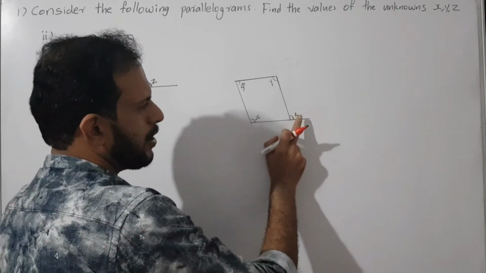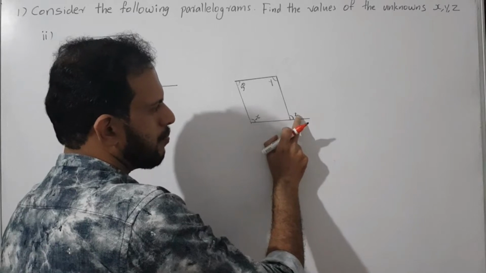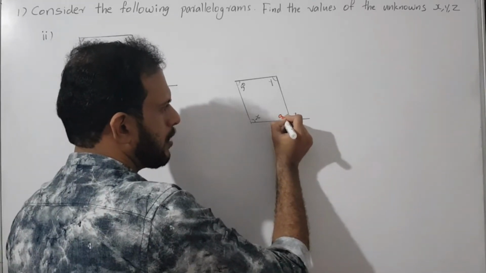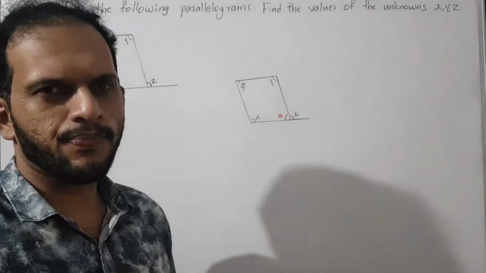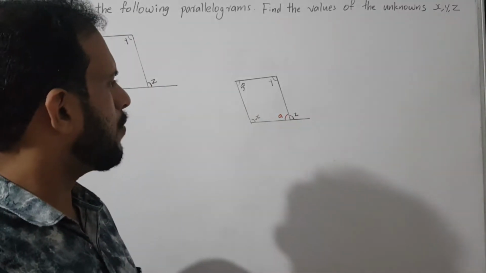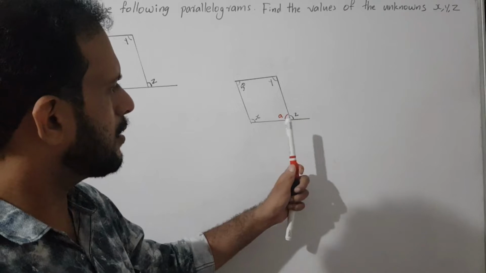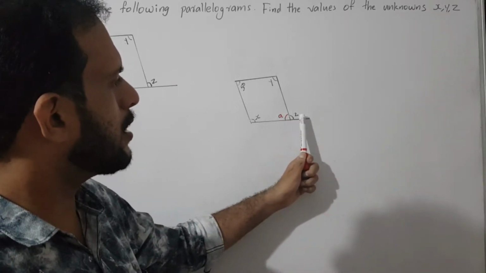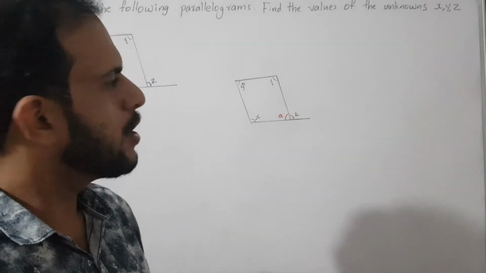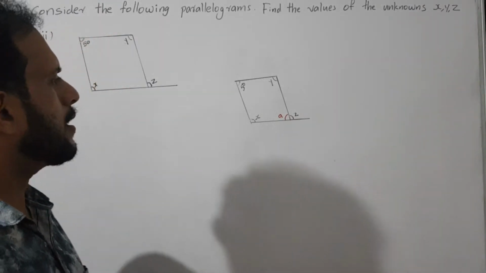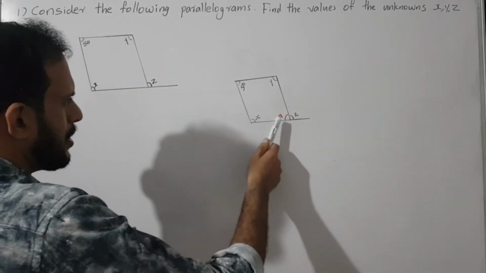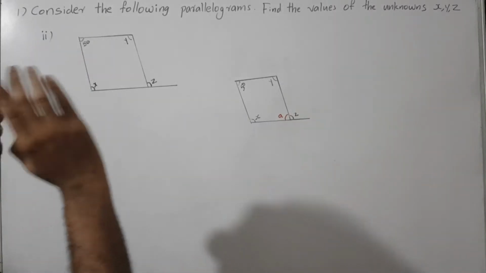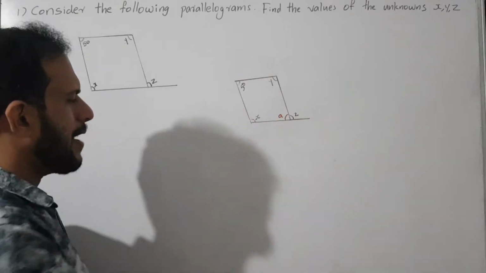We know that if we need to get the value of z, we must know the value of the interior angle, correct? For finding the exterior angle value, we don't know a direct method. Then we find the value of a, and then it is very easy to get the value of z, correct? So first we mark a in the interior angle for getting the value of z. Now we think, what is the relation between 50 and a?